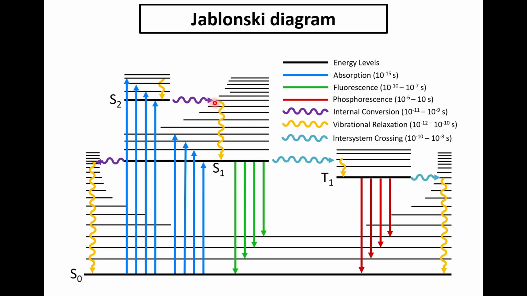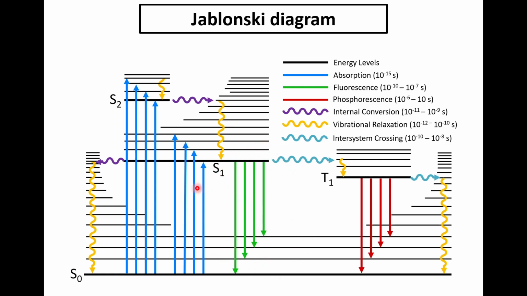From there it can again undergo vibrational relaxation, where some heat and radiative energies are generated. But then from the S1 state to the S naught state, the emission that occurs gives you the fluorescence. So from the S1 energy state to the S naught state, the emission comes in the form of fluorescence.